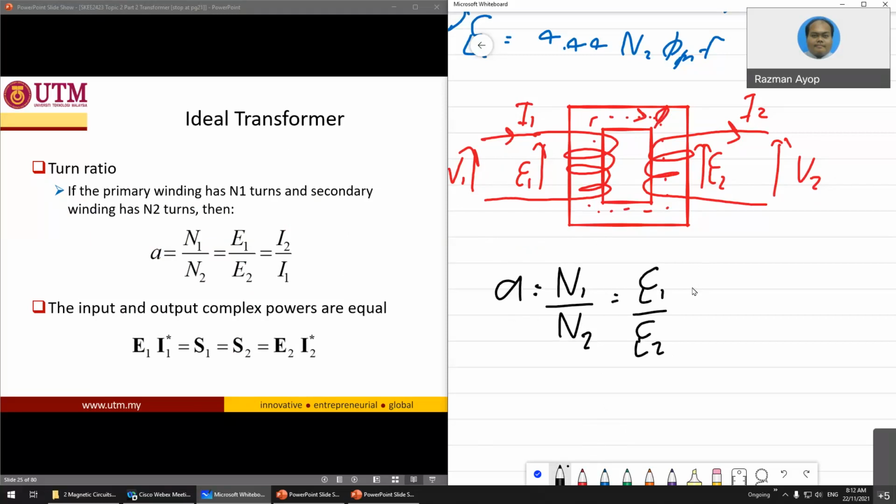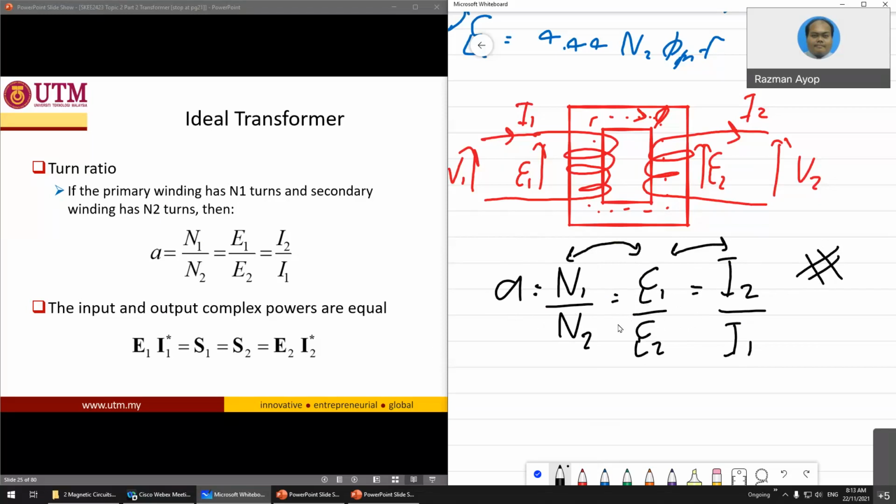And for current, make sure you invert it: I2 divided by I1. This is an important relationship. This one is the same, but this one is flipped. Make sure you know the relationship.